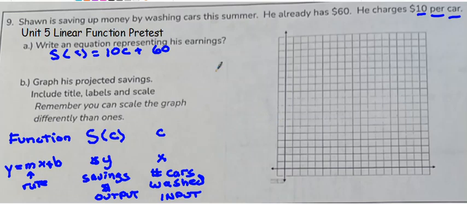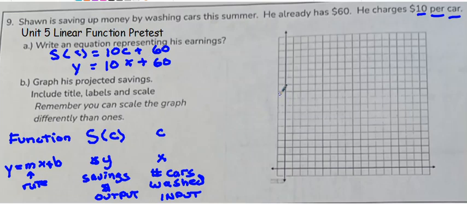So in function notation, this would be the equation representing his savings. Now, if I wrote this in just x and y, it would look like this: y equals 10x plus 60. Looks really the same, but it's just a difference between function notation and regular xy notation.